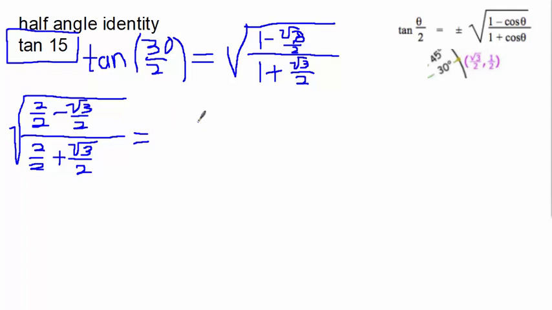And then when I put those under the same fraction, I get 2 minus square root of 3 and 2 plus square root of 3.